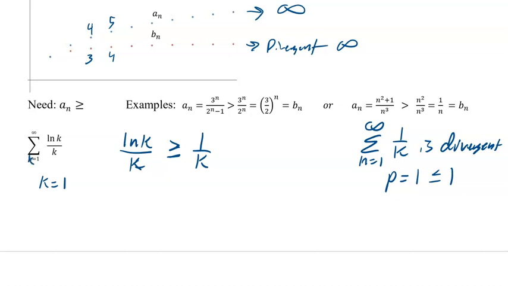Okay, now we're good. We get ln of 1 over 1. That's 0. And we know that's not going to work with 1 over 1, which is 1. So let's try k equals 2. ln of 2 over 2, and we get 1 over 2. And so that's not going to work as well.